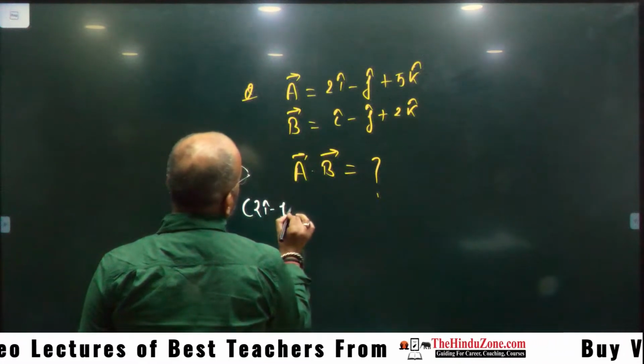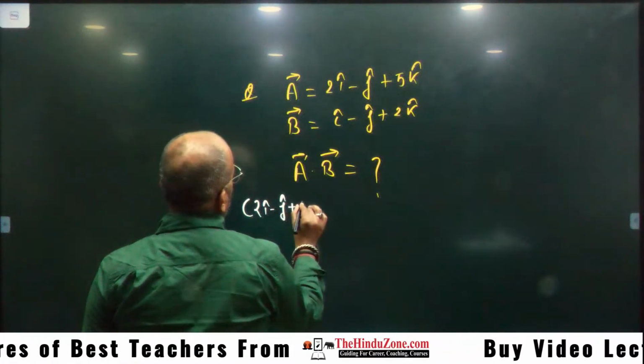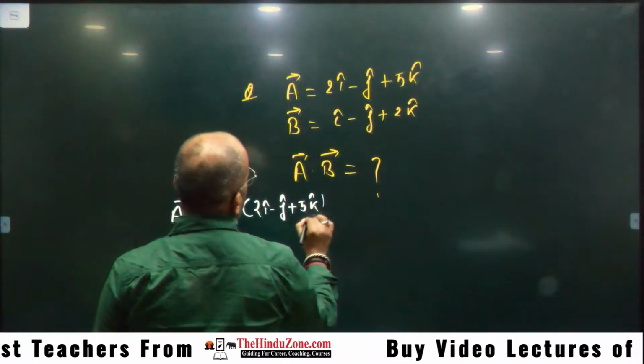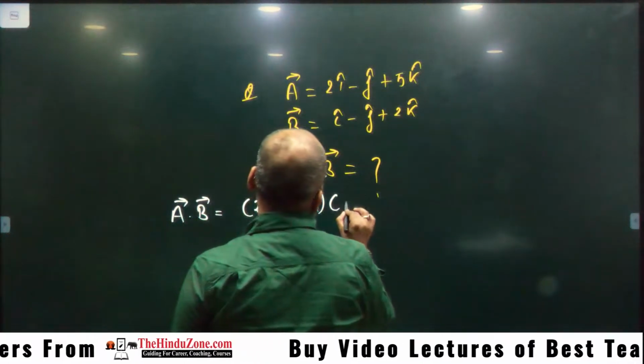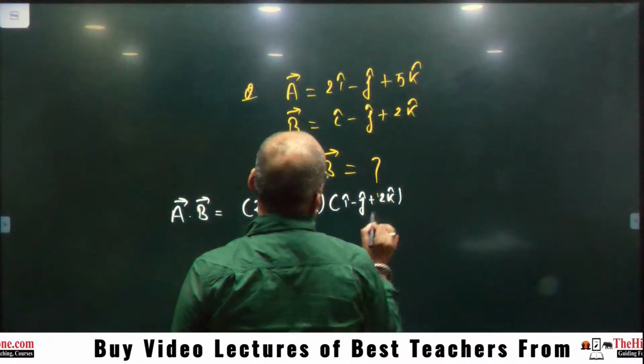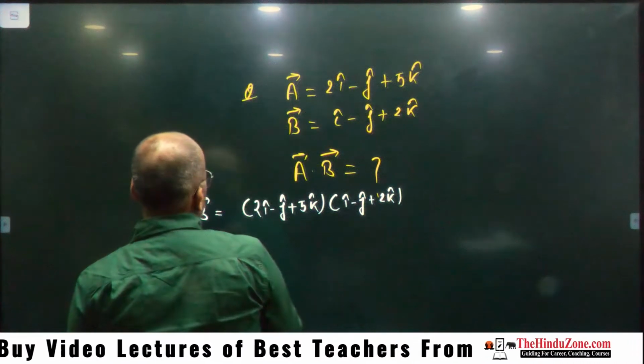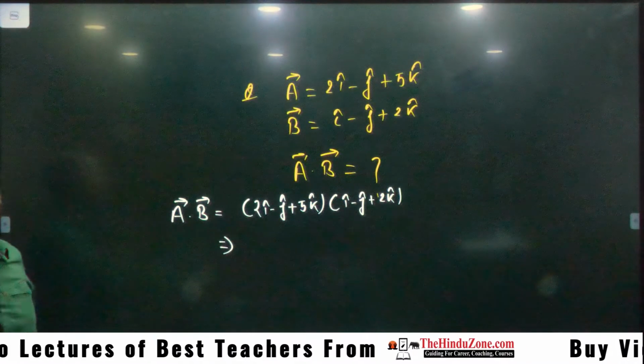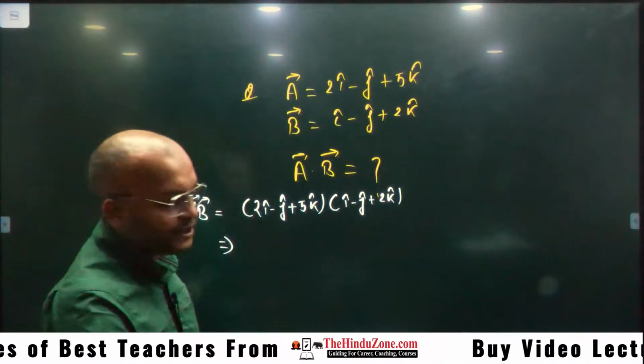(2i minus j plus 5k) into (i minus j plus 2k). Okay, normal mathematical multiplication you have to do.